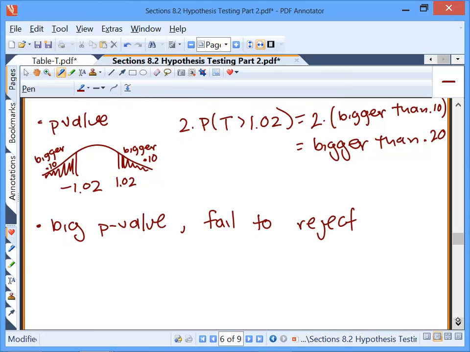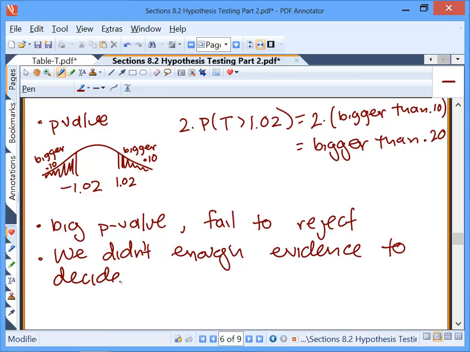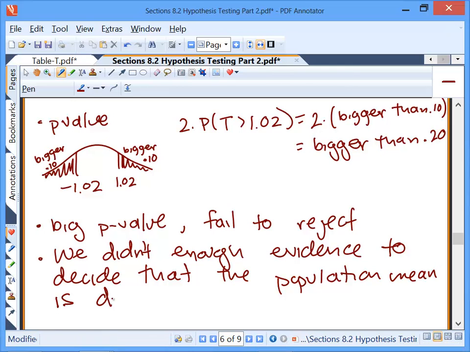What this means is I might have found a little evidence against my null hypothesis, but I didn't actually find enough evidence to reject my null hypothesis. So I would try and phrase it in terms like that. We didn't find enough evidence to decide that the population mean is different from, let's see.